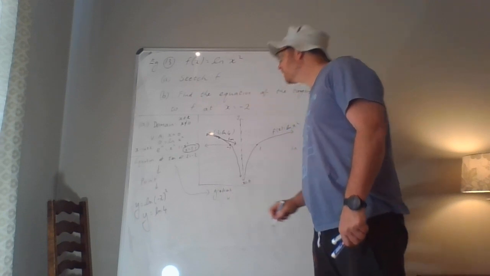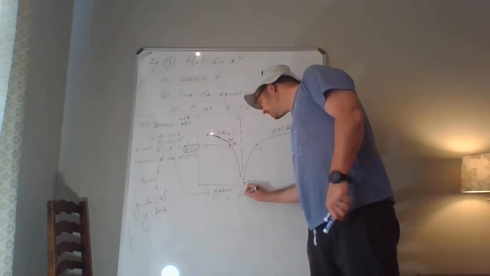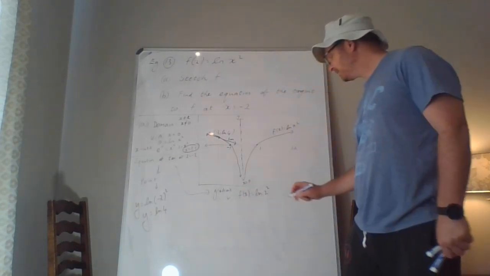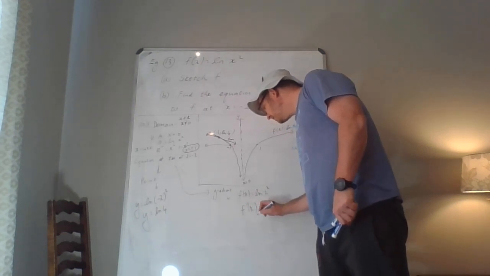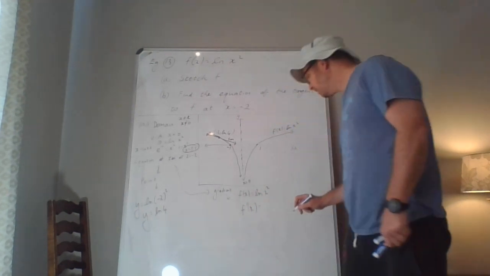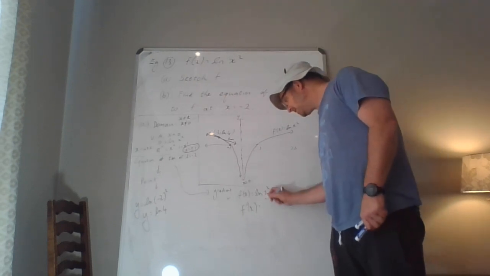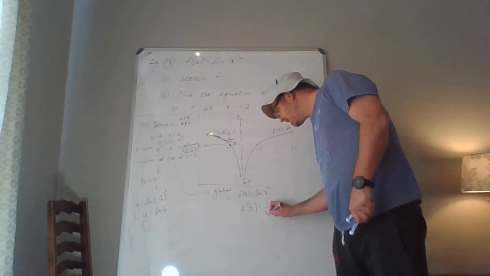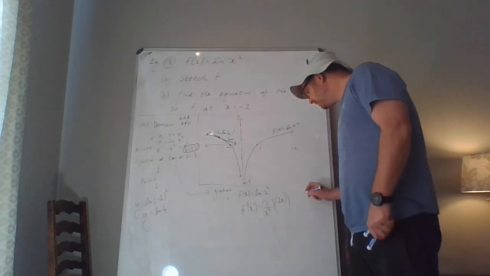So to find the gradient, I've got to find the derivative of ln x squared. So f of x is equal to ln x squared. So f dashed of x is going to be, well, we can either go use the log rule first, or you can use the chain rule. I'm just going to use the chain rule, doesn't really matter which one. So it's going to be 1 over x squared times the derivative of the inside function, which is 2x.